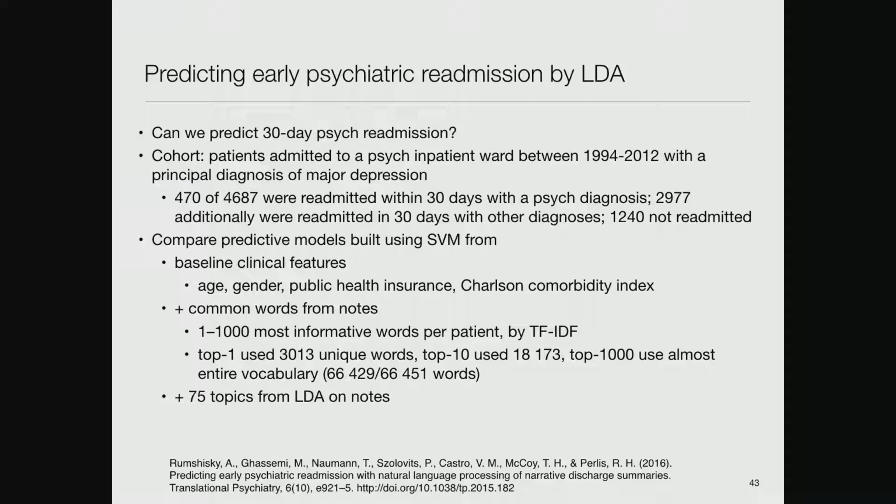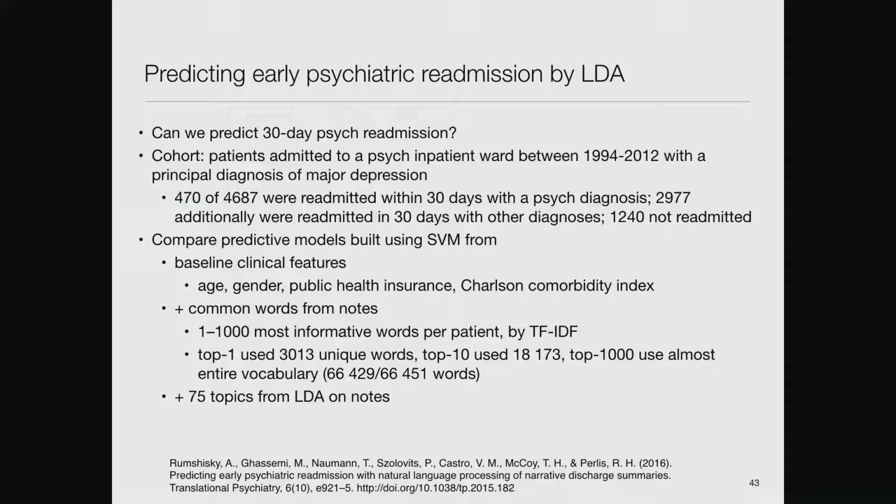If you use the 1,000 most informative words from these nearly 5,000 patients, you wind up with something like 66,000 unique words that are informative for some patient. But if you limit yourself to the top 10, then it only uses 18,000 words. And if you limit yourself to the top 1, then it uses about 3,000 words.